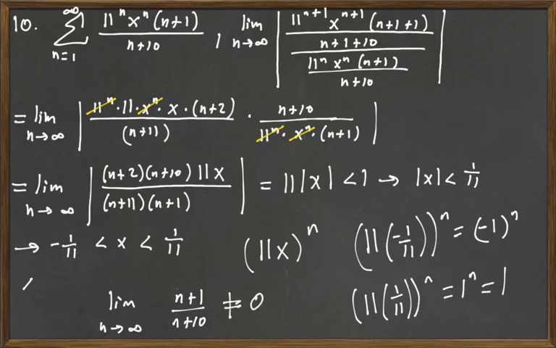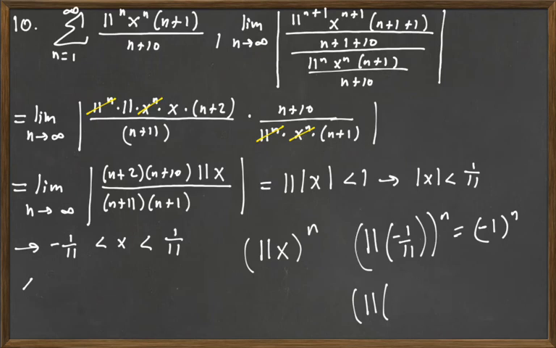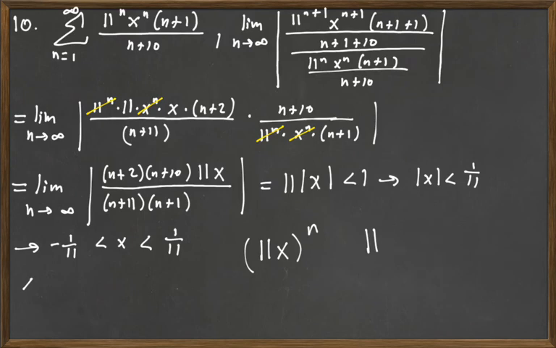And that is the nth term test for divergence. So the only difference here is if it's the negative 1 over 11, we have this negative 1 to the n, and so that just alternates between negative 1 and 1, and so this certainly doesn't converge. And so we are not going to converge at either one of the endpoints here, and that is by the nth term test for convergence. Excuse me, nth term test for divergence.